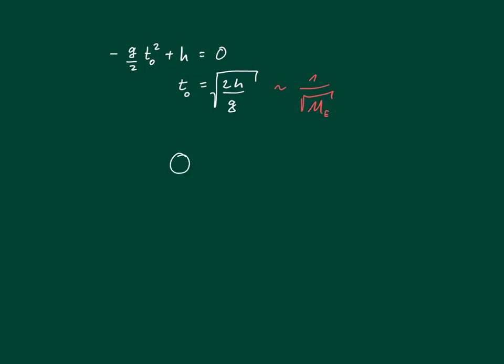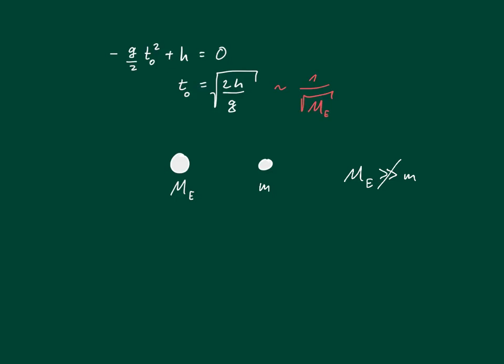So we have here the mass of the Earth and the mass of our object with the mass m. And what happens now if the assumption that the Earth mass is much larger than m is not fulfilled?